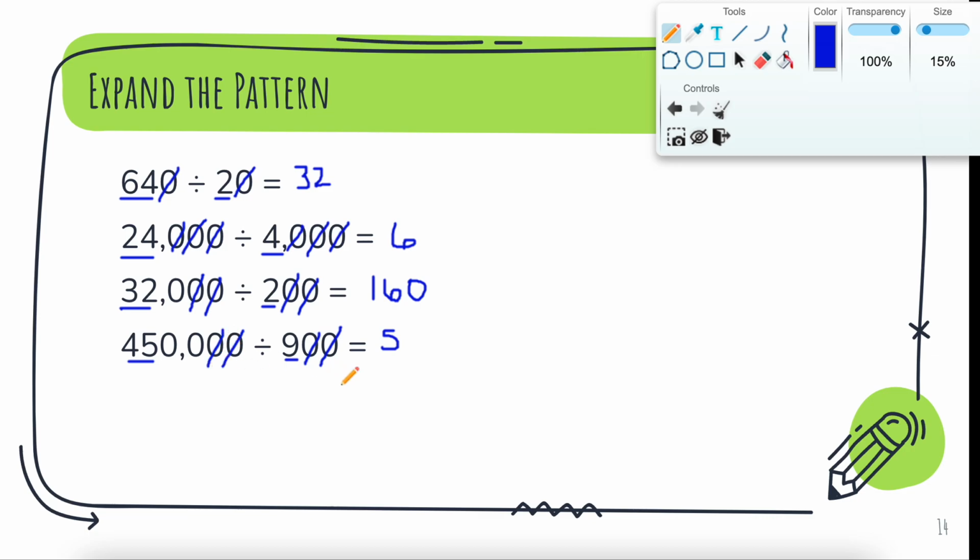That'll cancel out 2 from the 450,000, but there are still 2 left, so that answer is going to be 500. 1,800 divided by 30. 18 divided by 3 is 6. I have 1 zero to cancel out from the 30. That leaves 1 from the 1,800, so that answer is going to be 60.